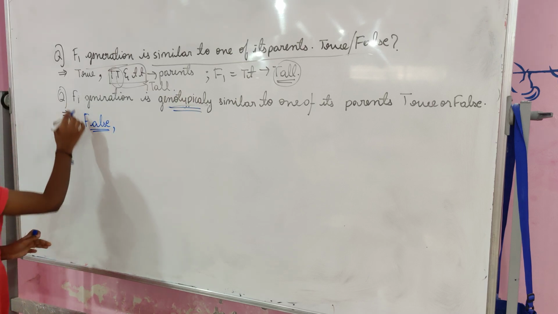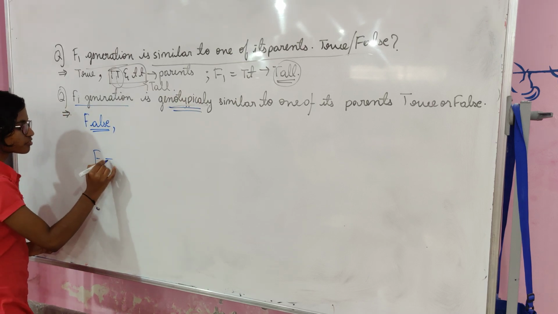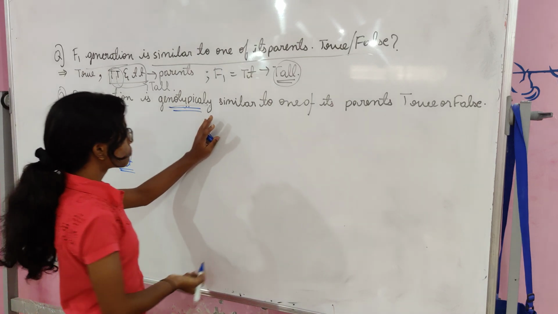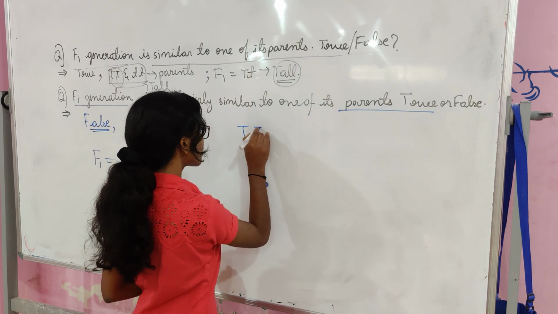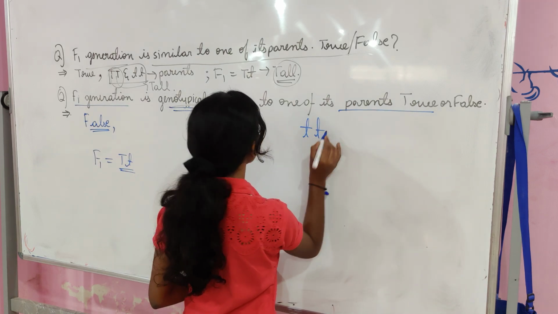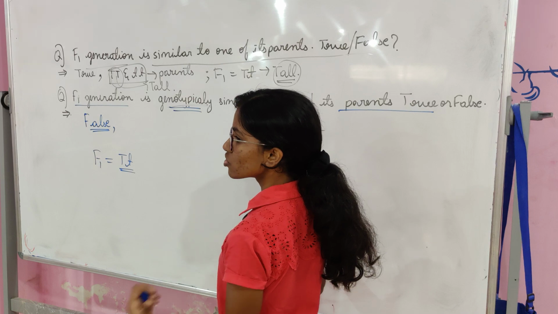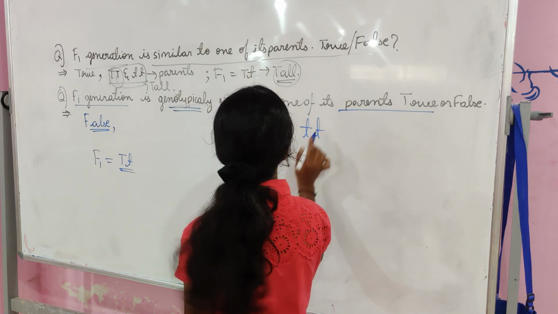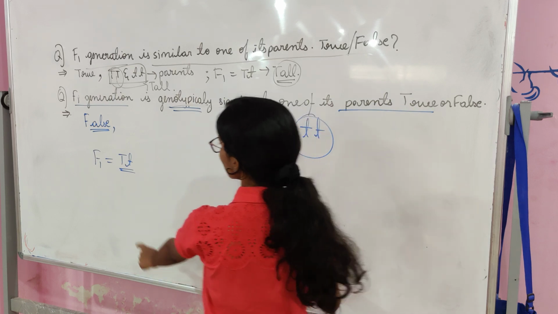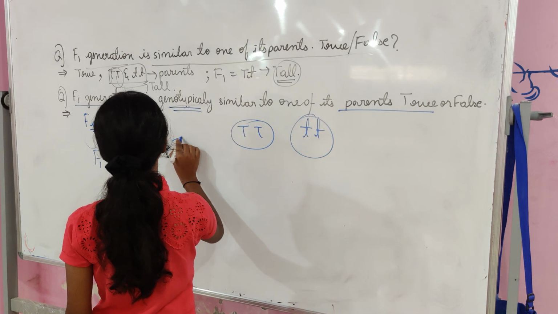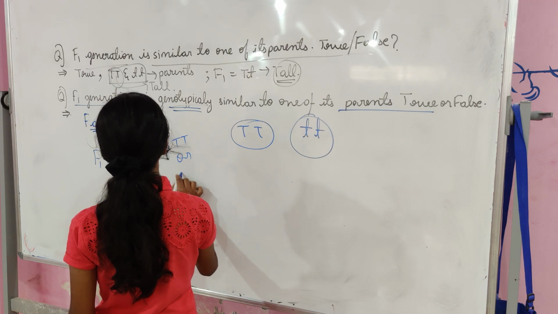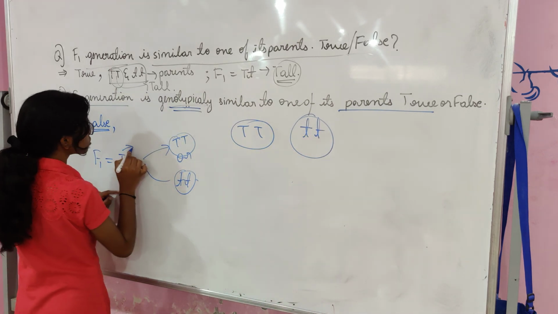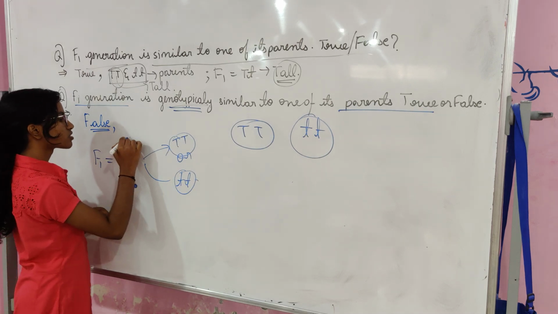See, the F1 generation that we got is Tt. But the parents were TT and small t, small t. I'm asking genotypically. This is tall and this is dwarf. So if my F1 generation was either TT or small tt, then it was similar. But it is heterozygous.